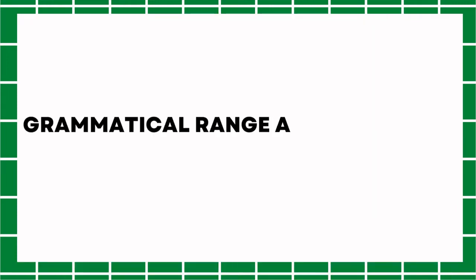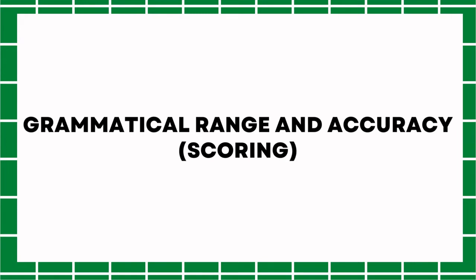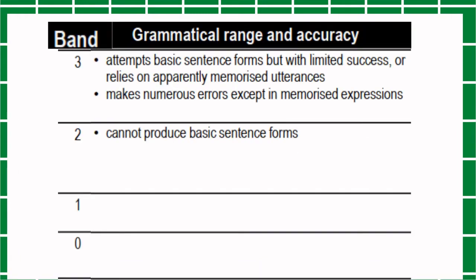The next one we will talk about is grammatical range and accuracy. If a candidate is not able to produce basic sentences, you get band 2. For band 3, they're able to attempt basic sentences but with limited success, and they make a lot of errors.